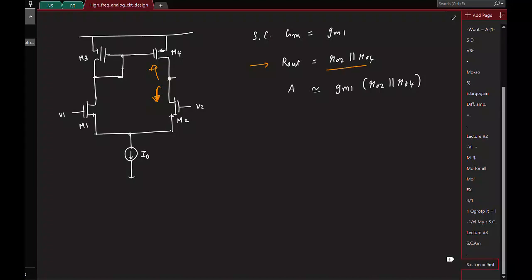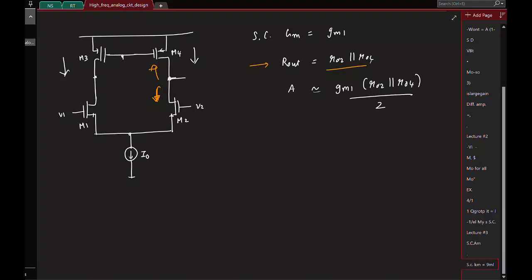Compared to the case where we didn't have this diode connection, this was the earlier diffamp we had. In this case, what was the differential gain? It was basically the same thing, smaller by a factor of 2. Okay, and that happened because here we had the signal currents flowing in both the branches, but you took out the output from only one branch, which means half the current was wasted.